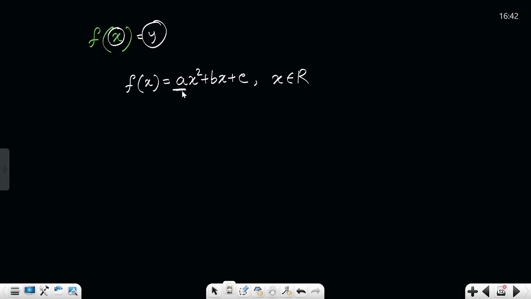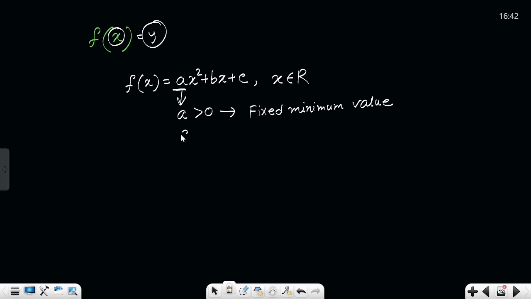Okay, if a is greater than 0, listen carefully. If a is greater than 0, then we will get a fixed minimum value. Okay.